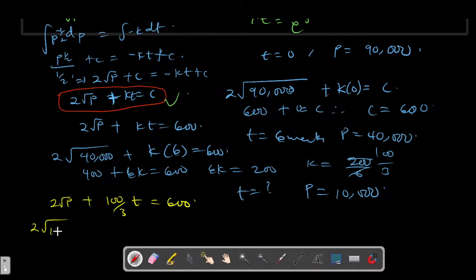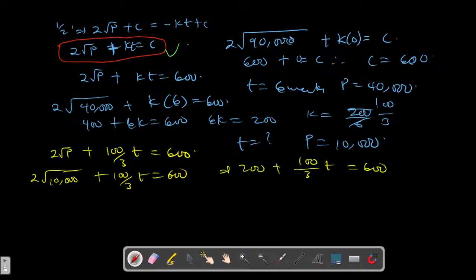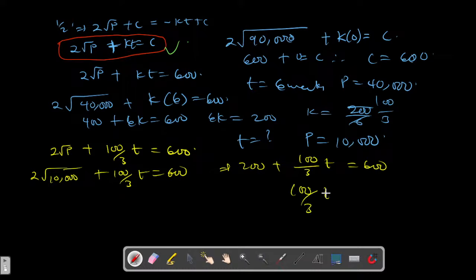The square root of 10,000 is 100, so I get 100 times 2, 200. So 200 plus 100 over 3 times t is equal to 600. Subtracting 200, I get 100 over 3 t equal to 400. 100t is equal to 1200. 2 zeros cancel 2 zeros. t is equal to 12 weeks. So our answer is 12 weeks.